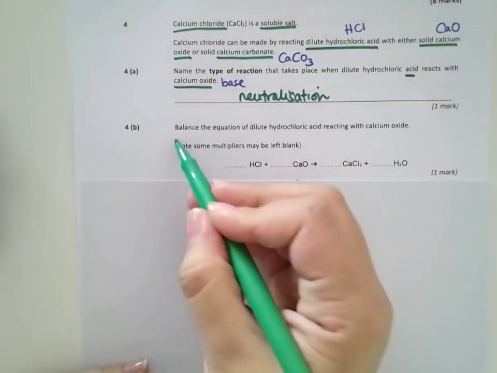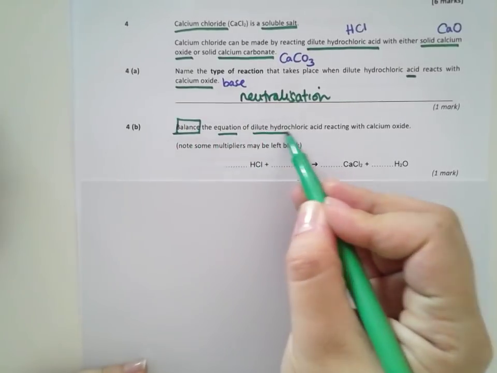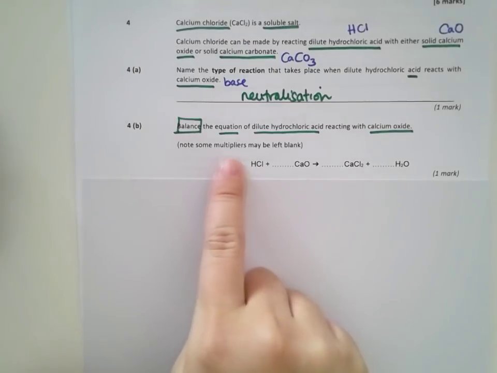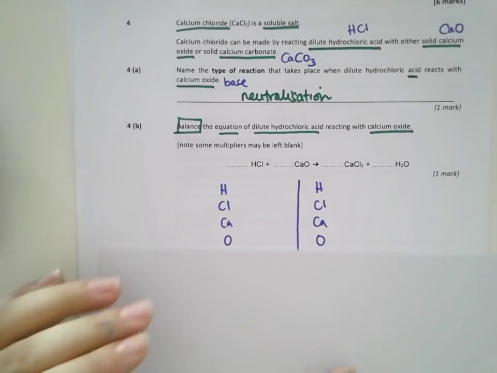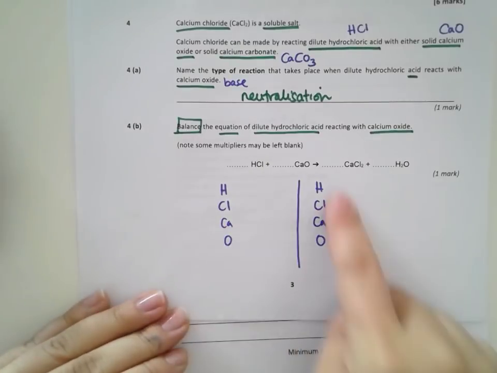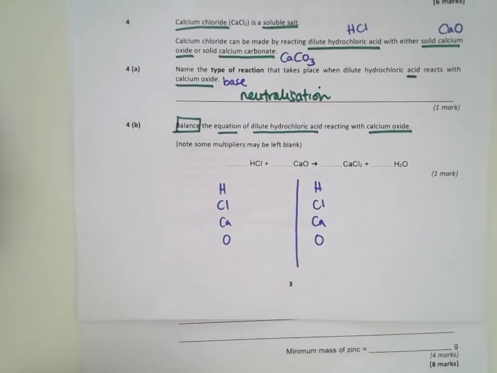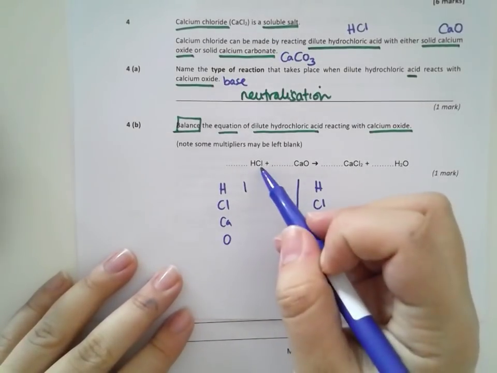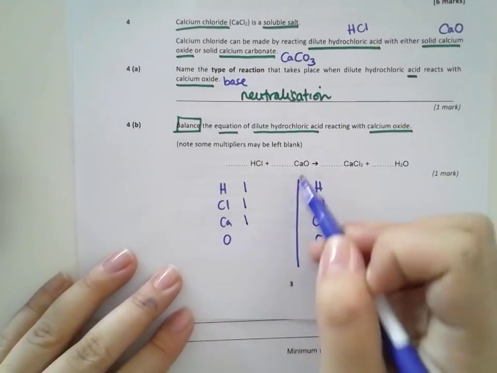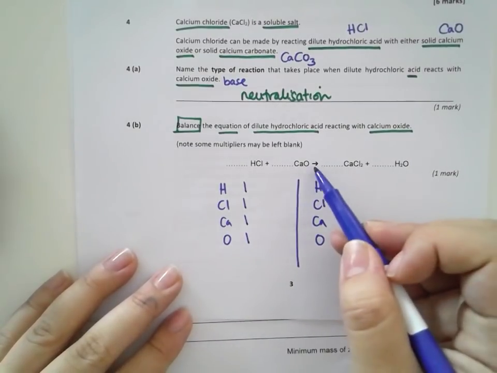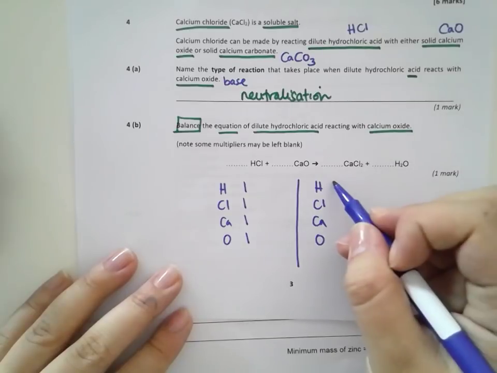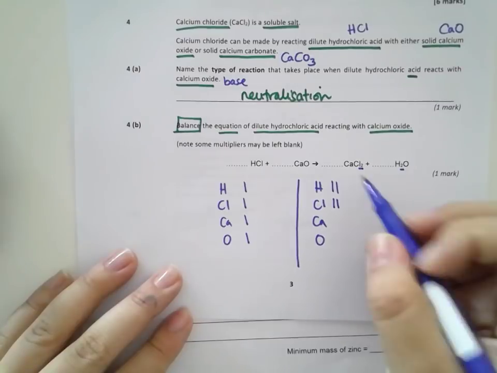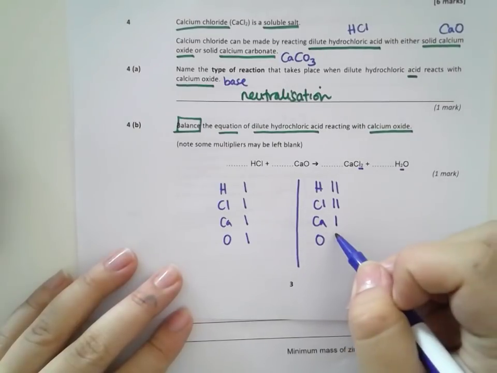You are then asked to balance this equation of hydrochloric acid reacting with calcium oxide, and it has given here a note that some multipliers may be left blank. So here are all my atoms written out. We have 1 hydrogen, 1 chlorine, 1 calcium, 1 oxygen, and on the product side we have 2 hydrogens, 2 chlorines, 1 calcium, and 1 oxygen.